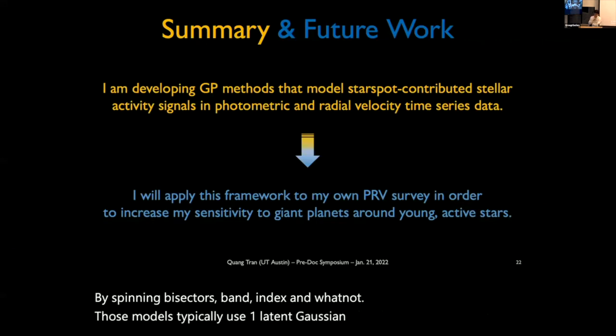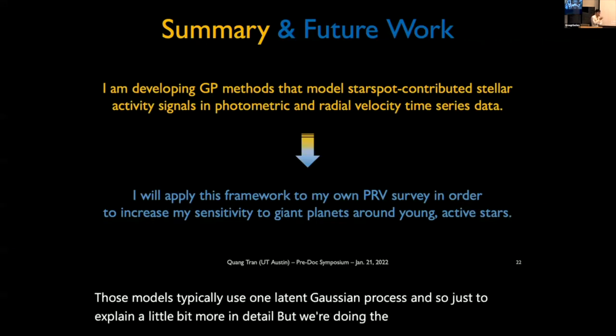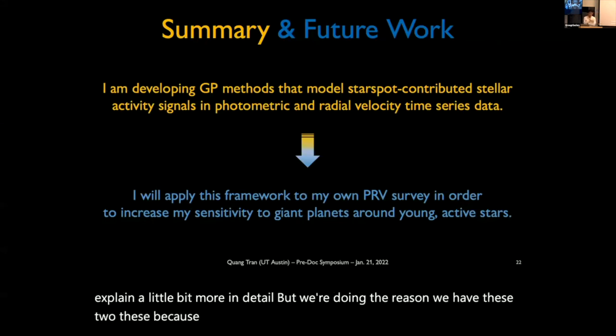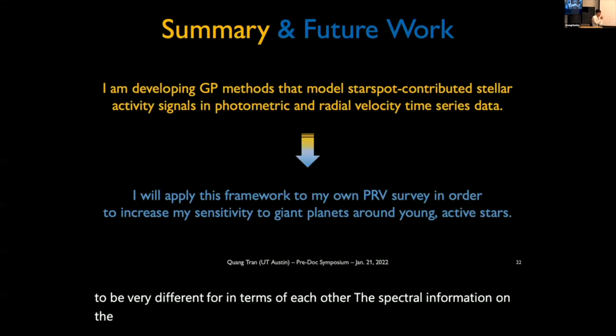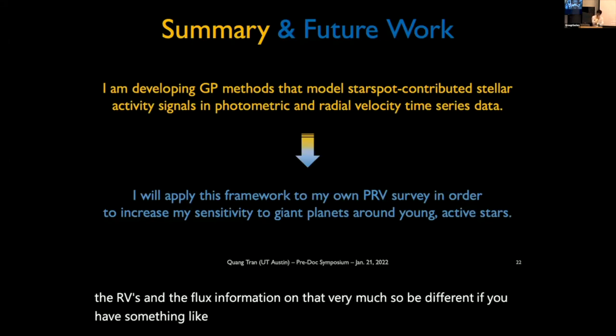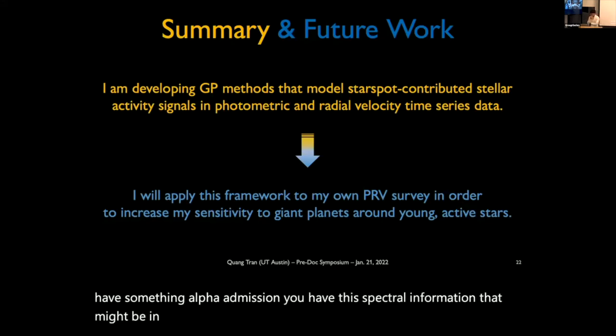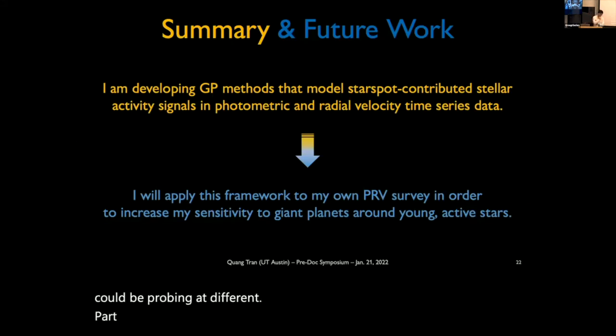Just to explain a little more about what we're doing, the reason we have two is because the light curve and the radial velocities might be very different from each other. The spectral information in the RVs and the flux information in the photometry might very much be different. If you have something like H-alpha emission, you have spectral information that might already be inherent in the radial velocities, but as you mentioned, it could be probing a different part of the surface of the star itself.